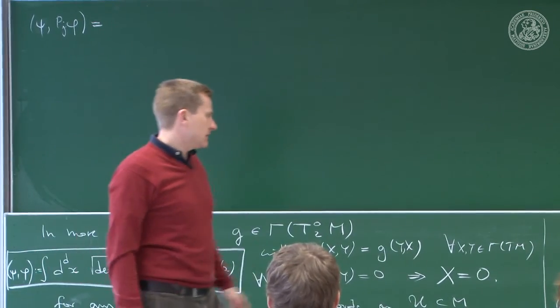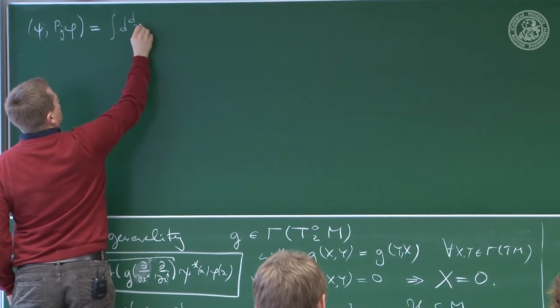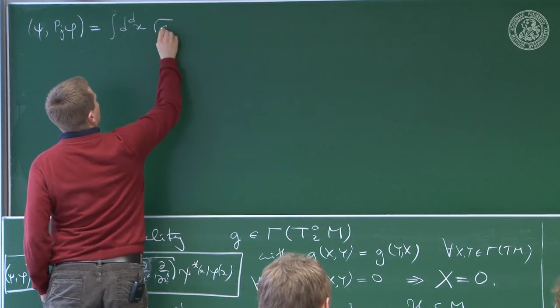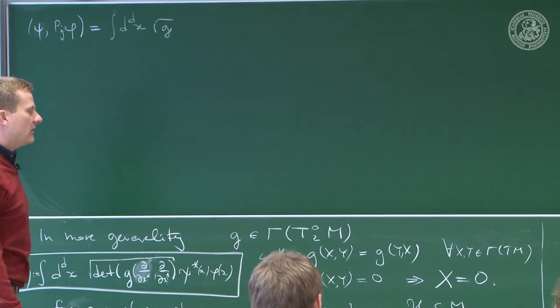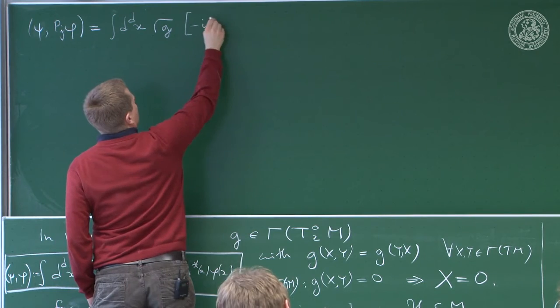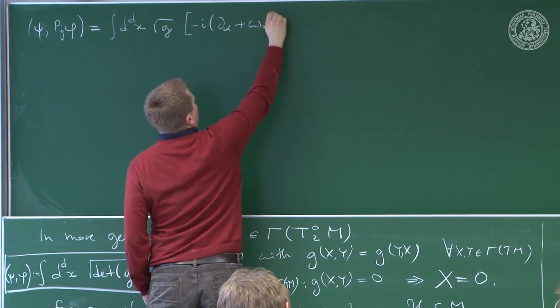Because we have to introduce in the first term our additional omega in order to make this a covariant derivative. So here we have again the invariant volume form. Then we have minus i del alpha, but we add an omega alpha.